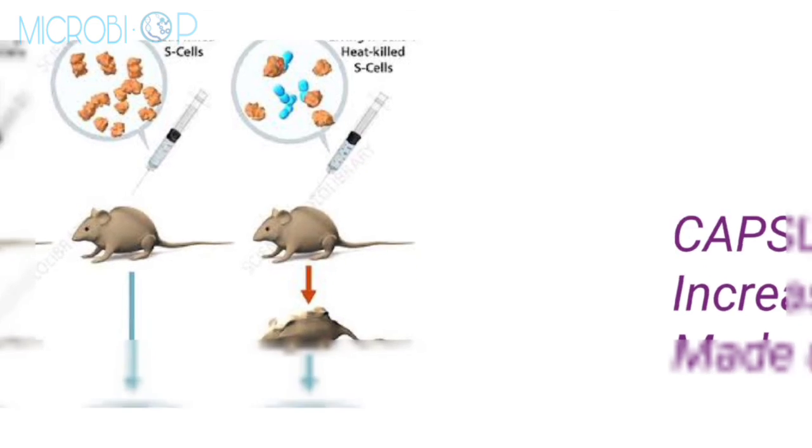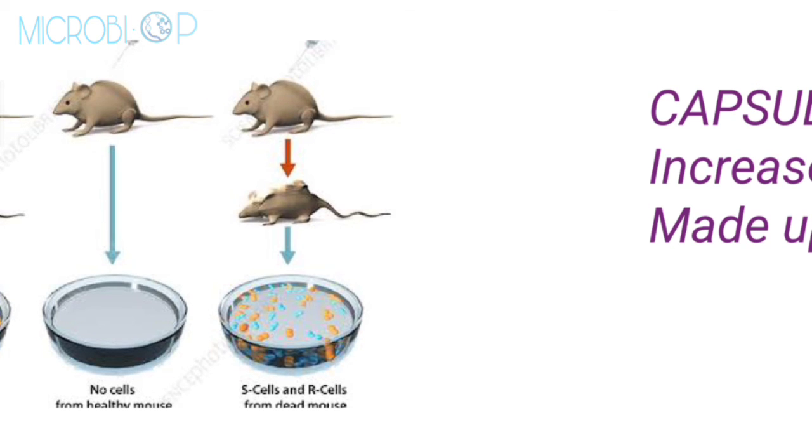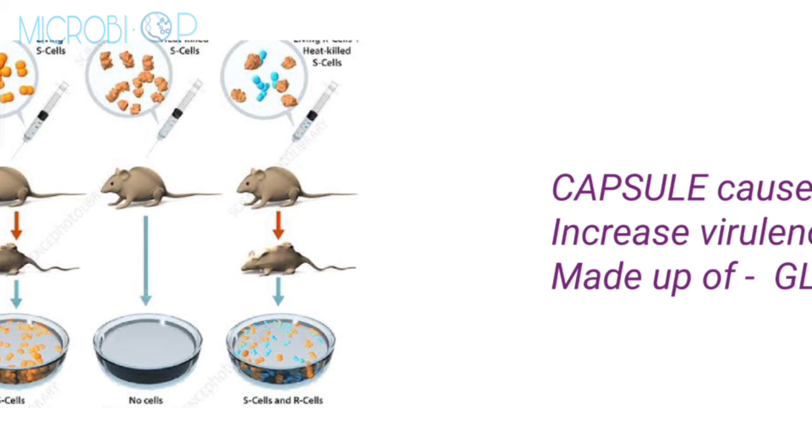Now when the mouse was given a postmortem and the sample grown on nutrient agar, the R cells were producing smooth colonies. It was a very astonishing fact that the R cells were producing smooth colonies. Now what was the basis? The basis was that there must be some factor which transformed the R cells into S cells.